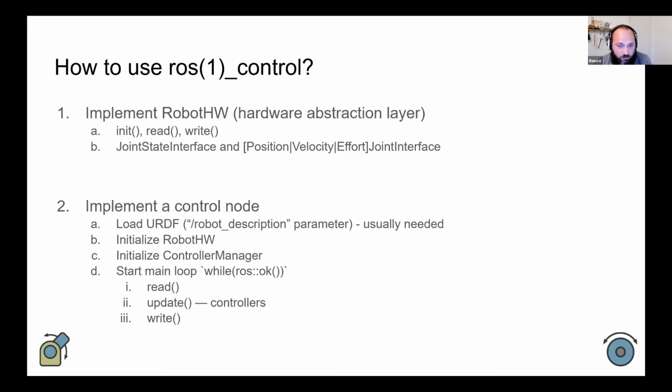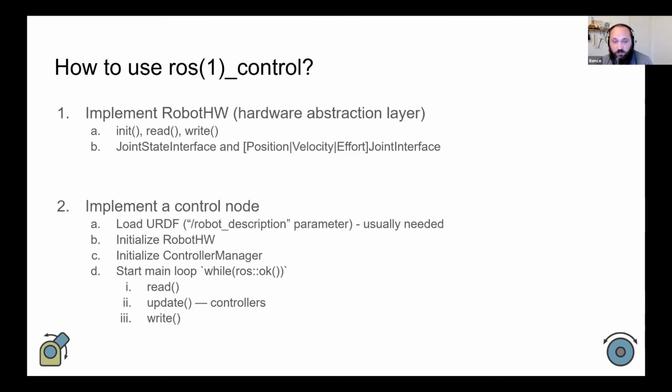Then you go about initializing your robot hardware, which is typically you setting up the communications to your driver, your actual hardware components, and then you initialize the controller manager class, which is basically the ROS interface, the ROS management interface for all of this. And then in the main loop, you just read.